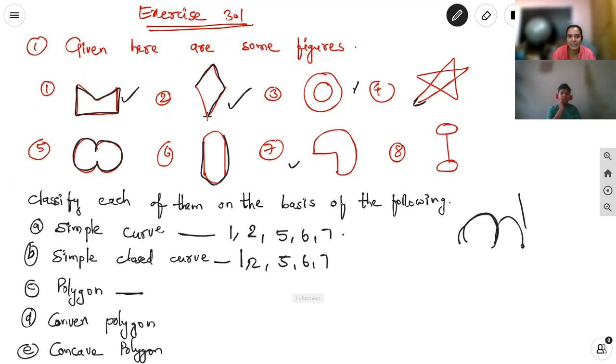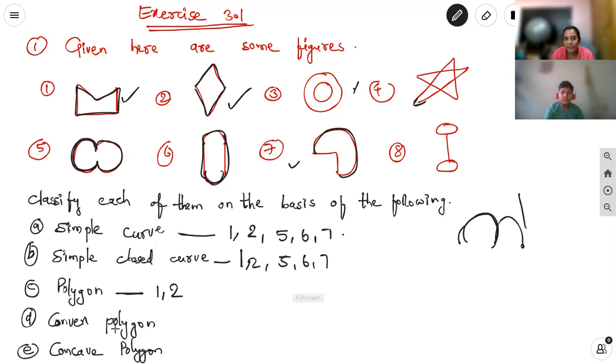The second figure is made of line segments. Third is not. Fifth is also not a polygon, because it is a curve. In the sixth one, top and bottom are curves. The seventh one is also a curve. So the polygons are 1 and 2.